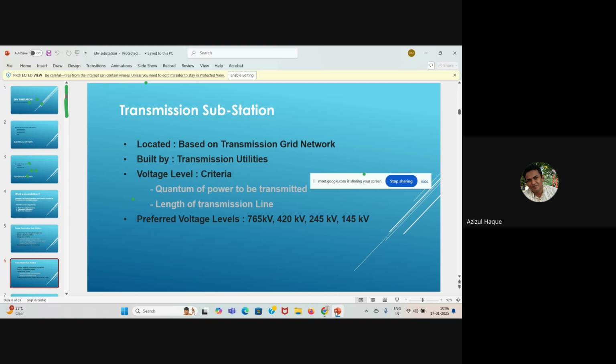So that is now in the experimental, developing stage. At present, mostly 765 kV and 400 kV substations are in service in India. Next.